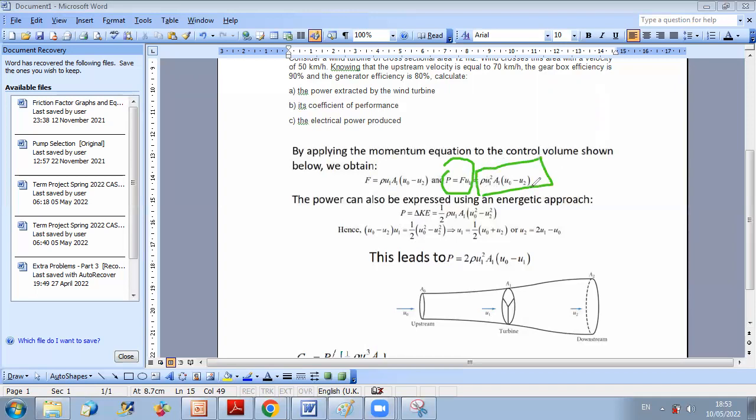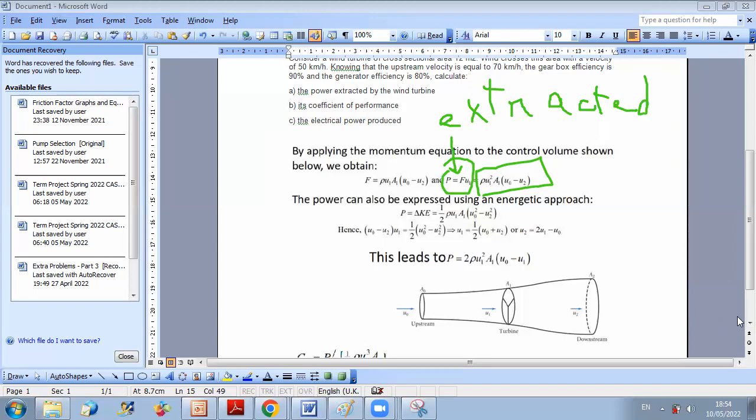So this is the power that we actually extract, but this is not the maximum we can get, because we have a certain coefficient of performance that limits the percentage of power that can be used. And if we want to know the coefficient of performance, we should divide it by the maximum power that can be extracted. And we know its expression also.